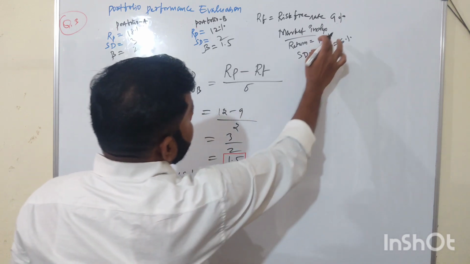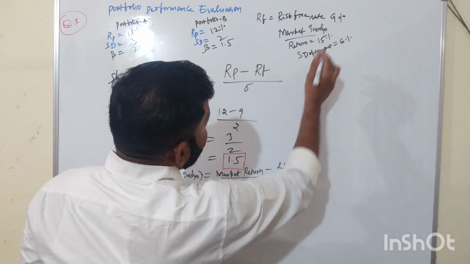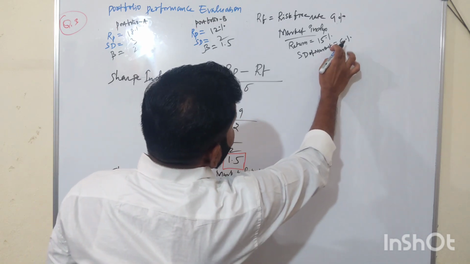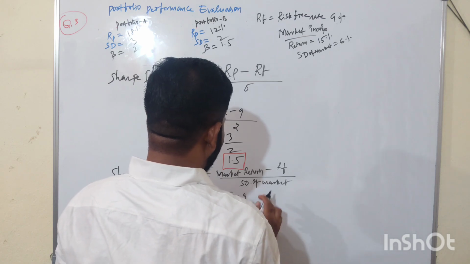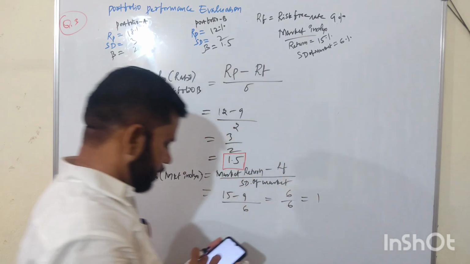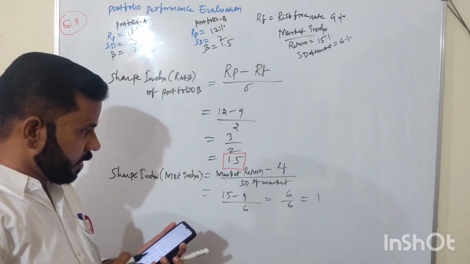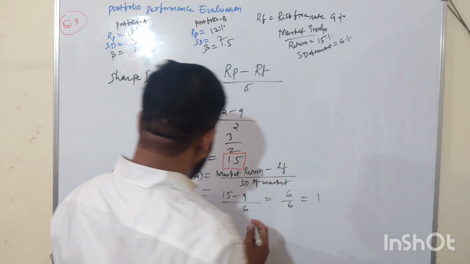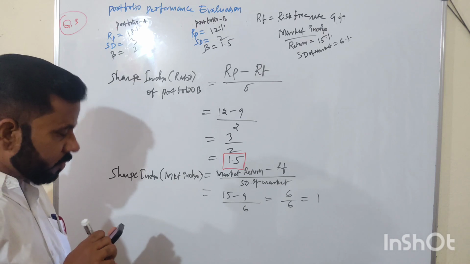The market return is given as 15%. RF we already know is 9%, divided by the standard deviation of the market. Then 15 minus 9 is 6. 6 divided by 6, the answer is 1, right? So this is the market index Sharpe ratio.